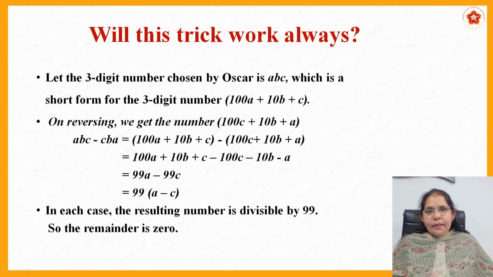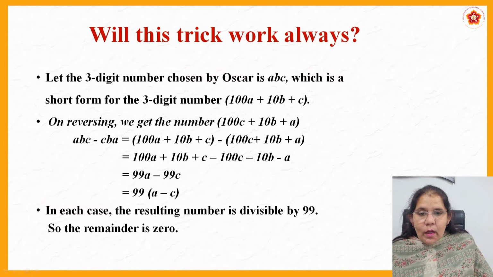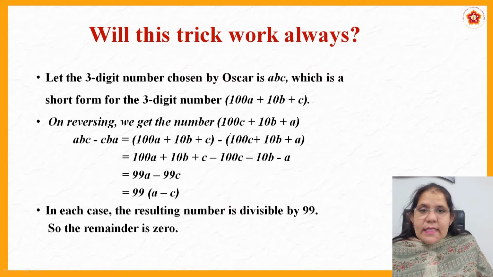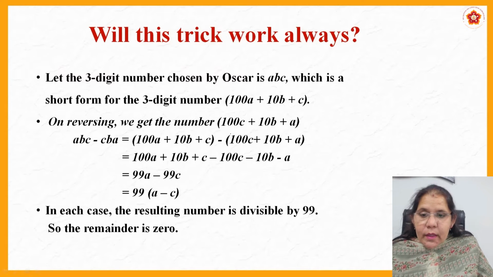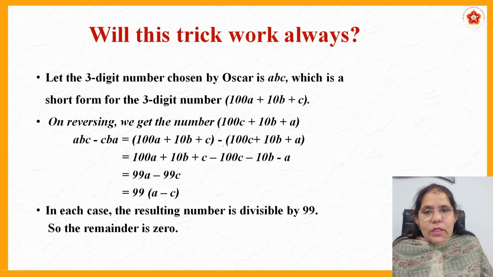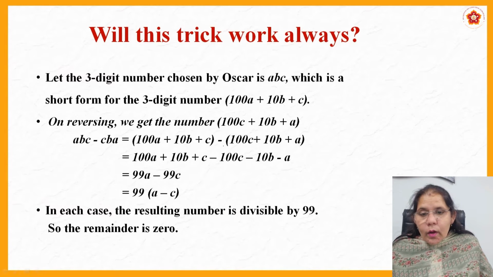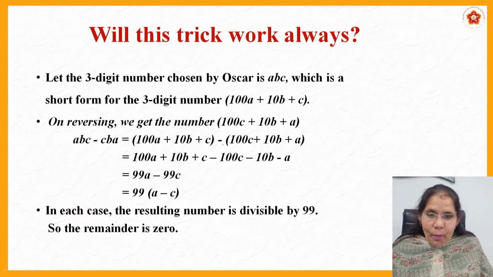So what had happened? Let's generalize it. Let the three-digit number chosen by Oscar be ABC. We have already done in part 1, the first session of this chapter, how to write a three-digit number in expanded form.